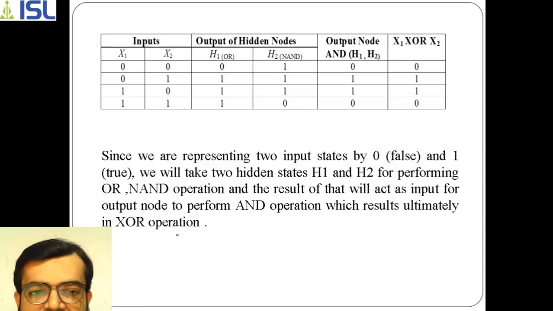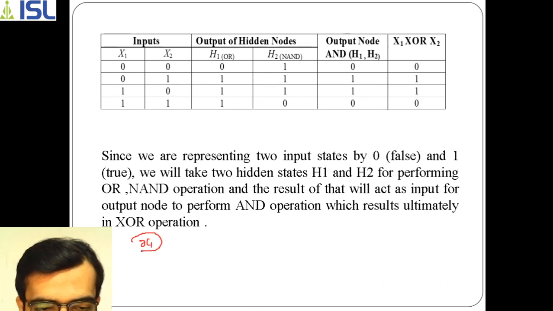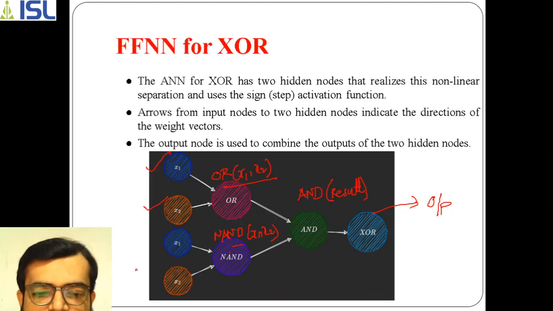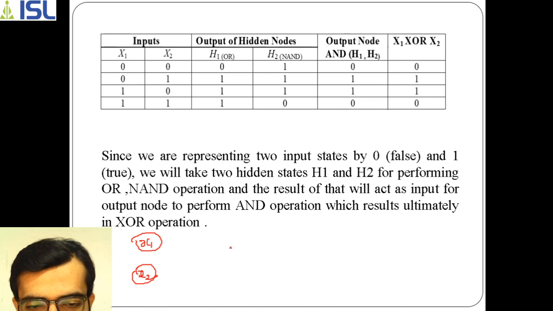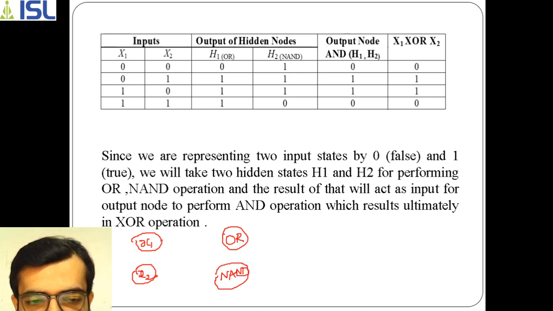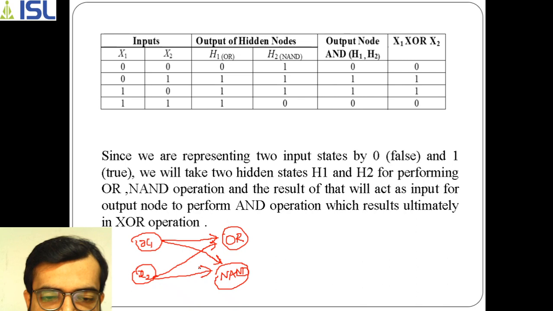If you club this together, it happens in this way. Here I take x1 and here I take x2. The operations are OR and NAND: x1 and x2 perform the OR operation, and in the same way x1 and x2 perform the NAND operation.